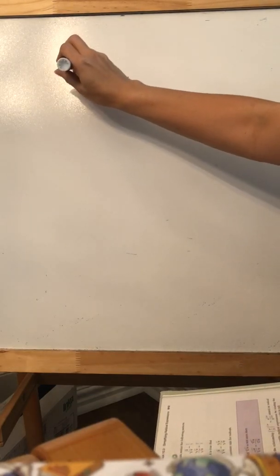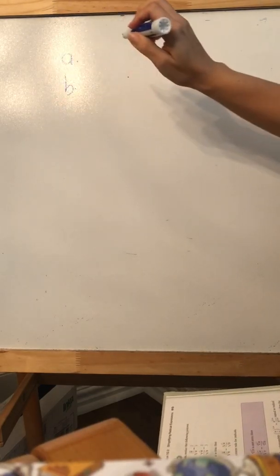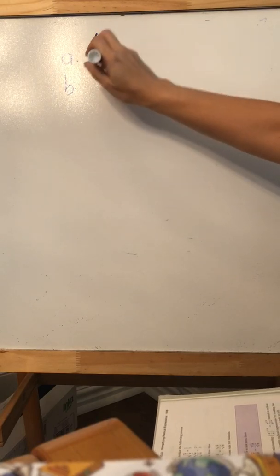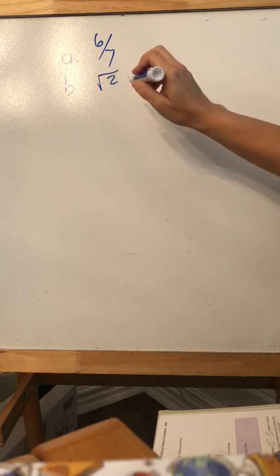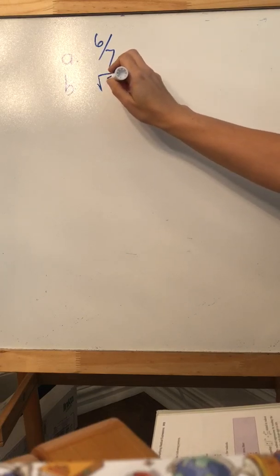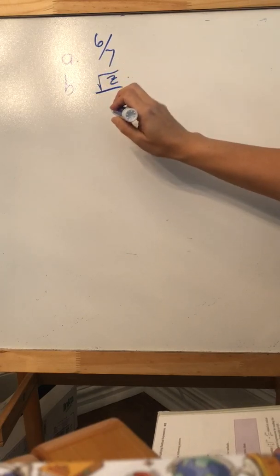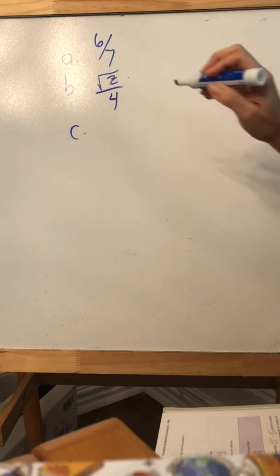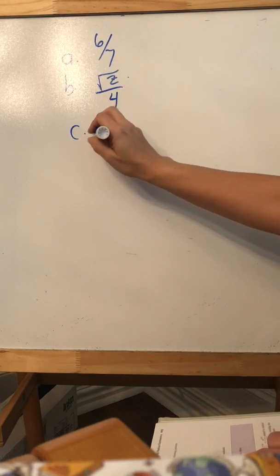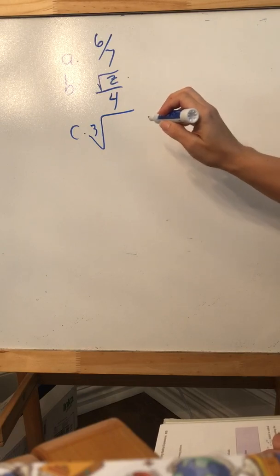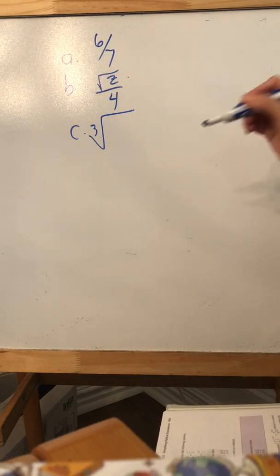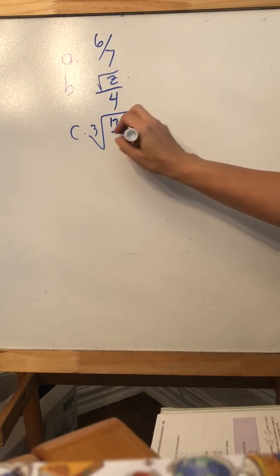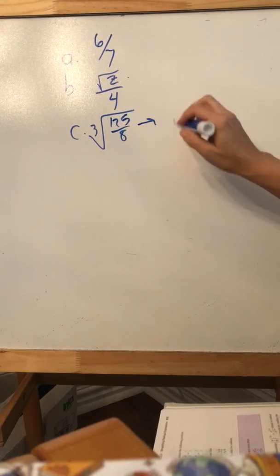All right, so practice 2 answers. For A, you should have gotten 6 over 7. B, we have square root of z over 4. For C, we have the cube root of 125 over 8, which simplifies to 5 over 2.